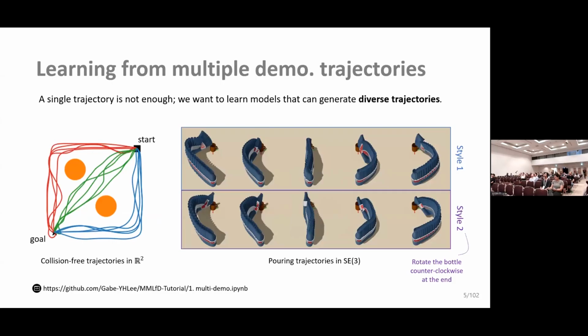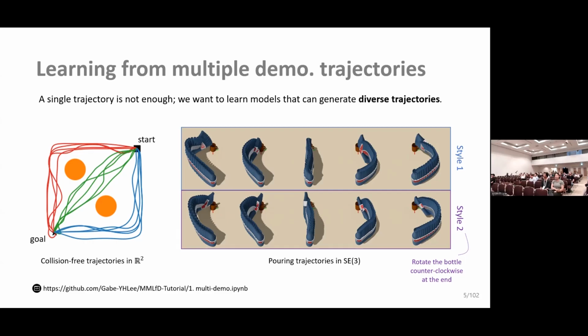We may be able to use reinforcement learning or LfD approaches. In this talk, I'm going to focus on the LfD approach, especially using multiple demonstration trajectories. Of course, providing many demonstrations and collecting many trajectories is a challenging task. That's why there is a need for algorithms that can learn effectively from a small number of demonstration trajectories.